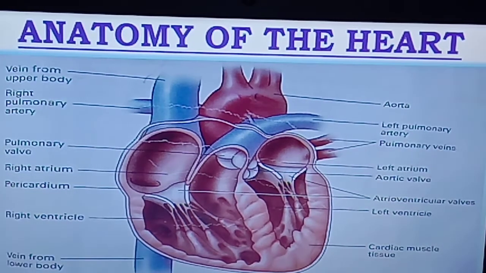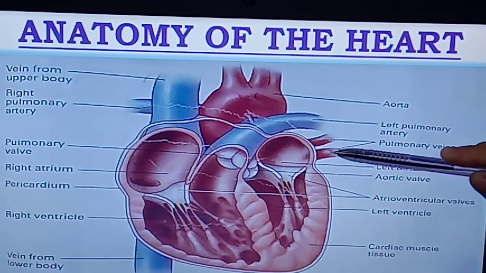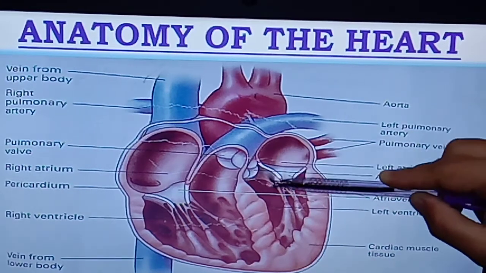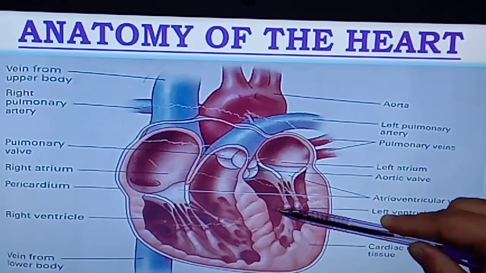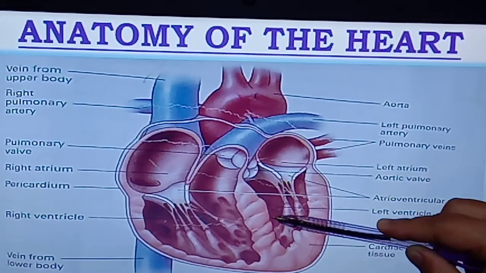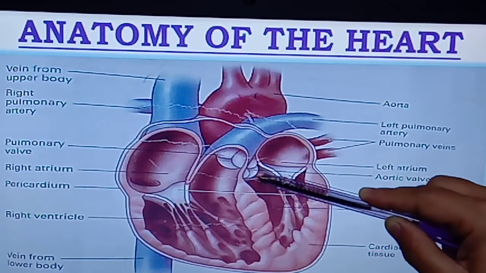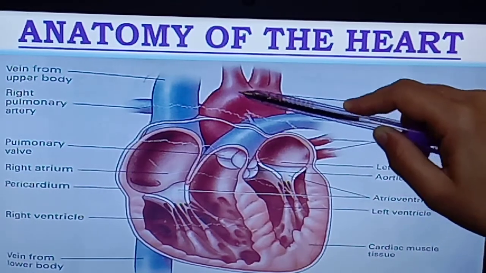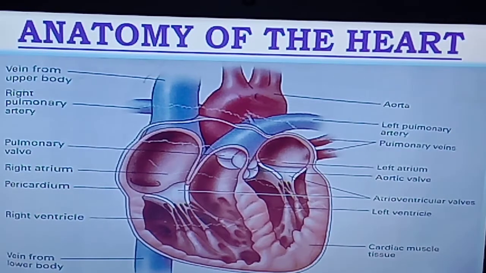Oxygen-rich blood flows from the lungs through pulmonary veins to the left atrium and proceeds to the left ventricle. From here, blood is pumped by the heart through the aortic valve and proceeds to the aorta and to the rest of the body, where blood delivers oxygen and nutrients to the cells.